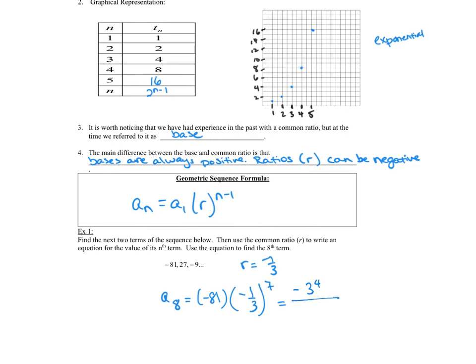If we raise negative 1/3 to the 7th, we'll also get a negative answer, because it's an odd power. This will be 3 to the 7th. So the good news is that the negatives will cancel here and here, and we can use the properties of exponents to remember that our final answer would be 1 over 3 to the 3rd, which is 1 over 27.